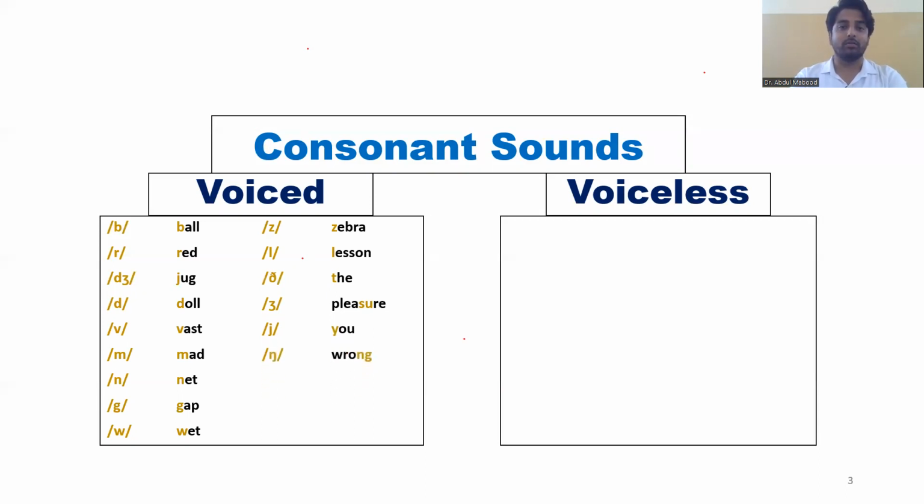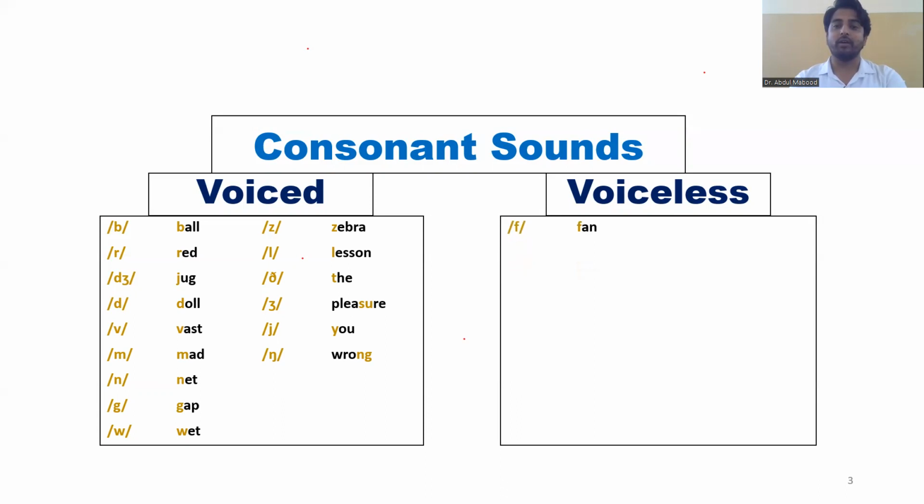And the nasal sound, as in the case of wrong. So all these sounds are actually voiced sounds. You put your hand here, you will get some vibration in your vocal cord. Fine.